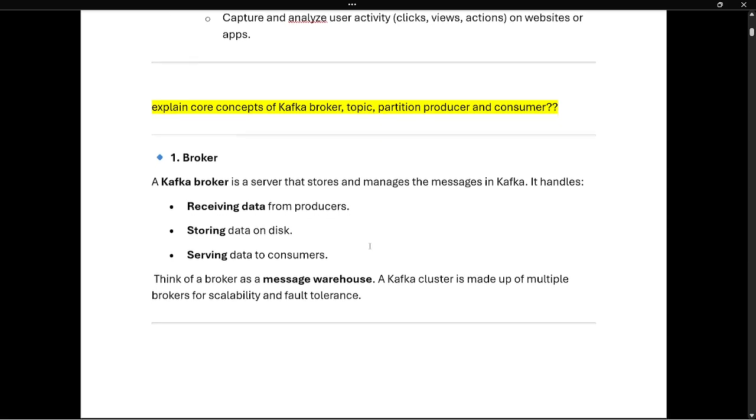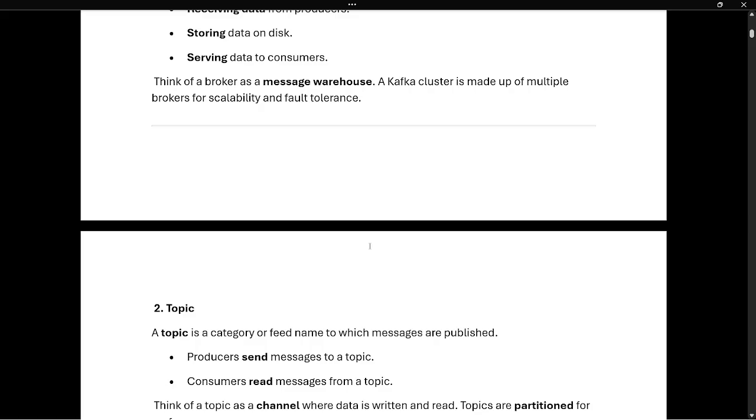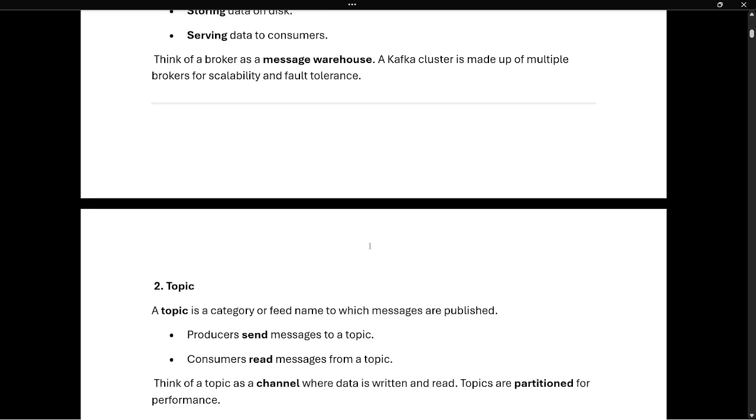Okay, so we'll understand that. So what is a topic? A topic is a category or feed name to which messages are published. We will understand it in layman's terms. Suppose there are three departments: sales, finance, and HR.